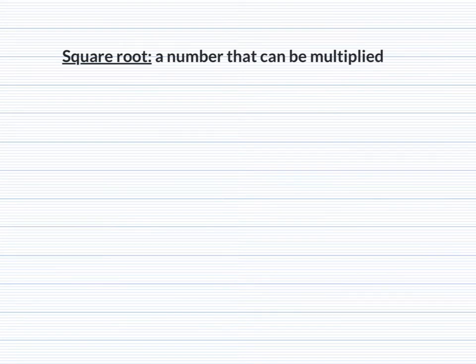Okay, so a square root is a number that can be multiplied by itself to give the original number.